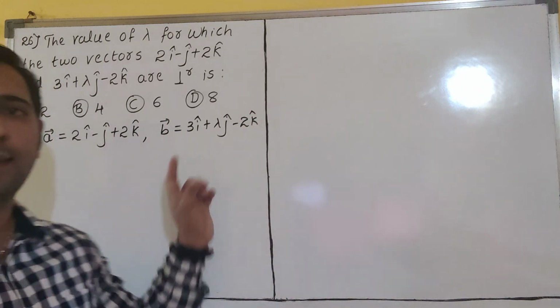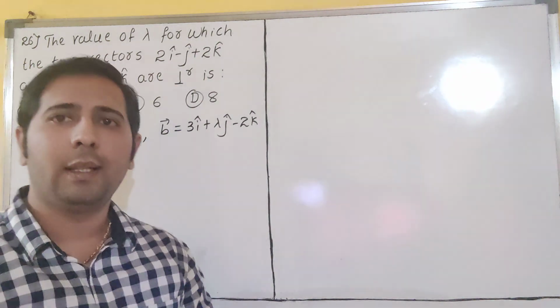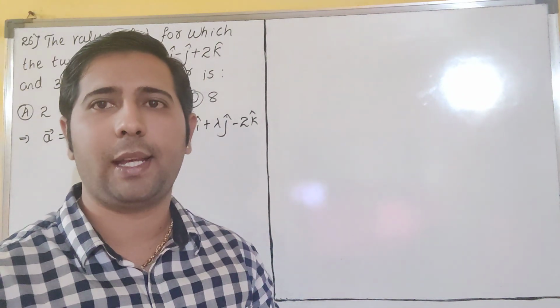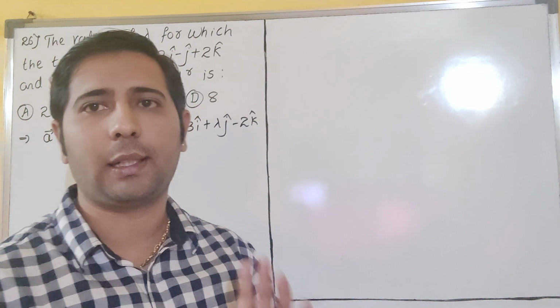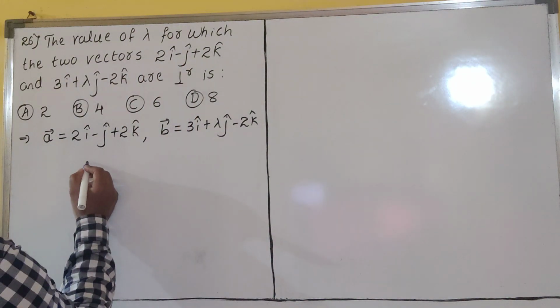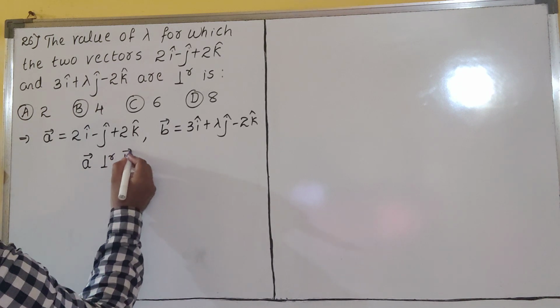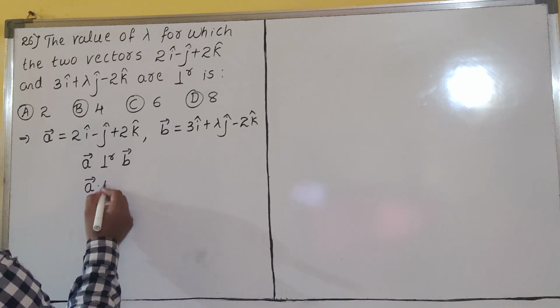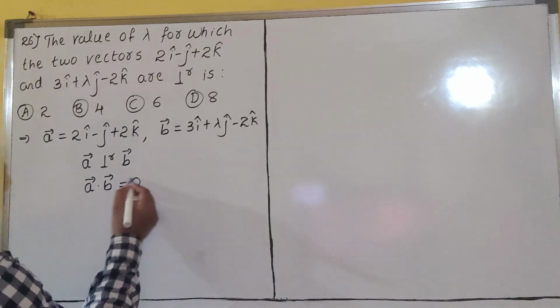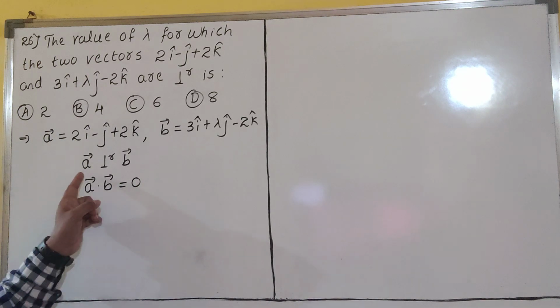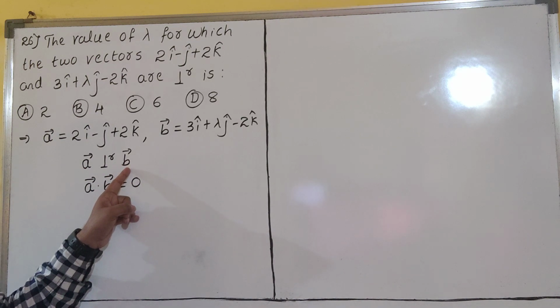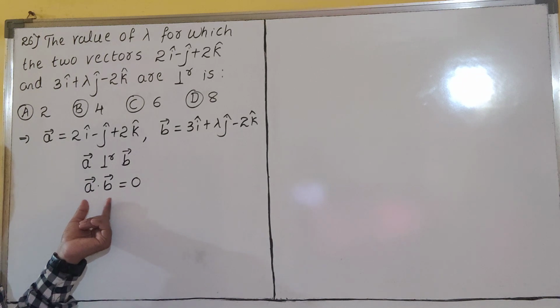So these both vectors are perpendicular. If these are perpendicular, their dot product is equal to 0. So A is perpendicular to vector B means vector A dot B is equal to 0, dear students.